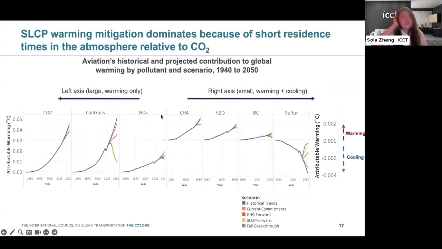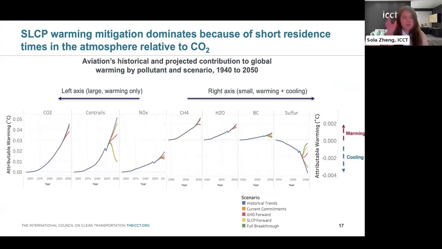And in terms of the contribution from different pollutants to the total warming impacts from aviation, we are showing you the per species warming contribution from the highest contribution to the lowest contribution, including cooling contribution from sulfur.